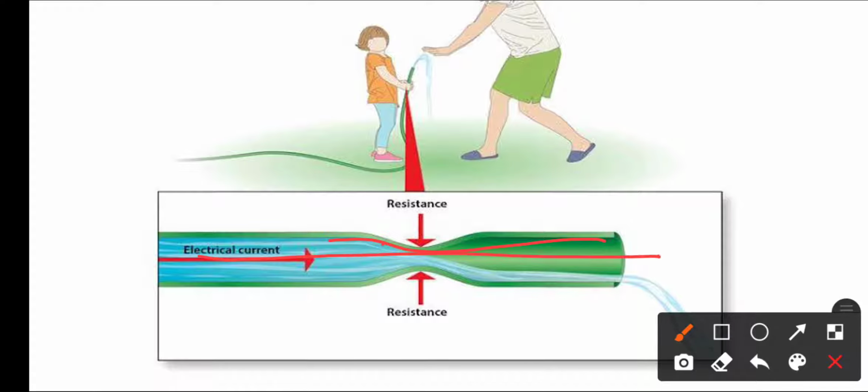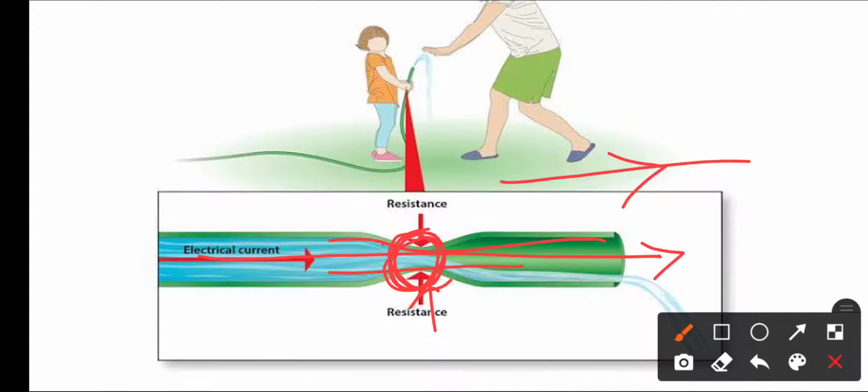What is flowing is like an electric current, and the pressing point is acting like a resistance of the pipe, or we can say resistance of the wire. It may be internal resistance, it may be external resistance, it may be a property of the material within itself, or it may be connected externally. Okay, guys.